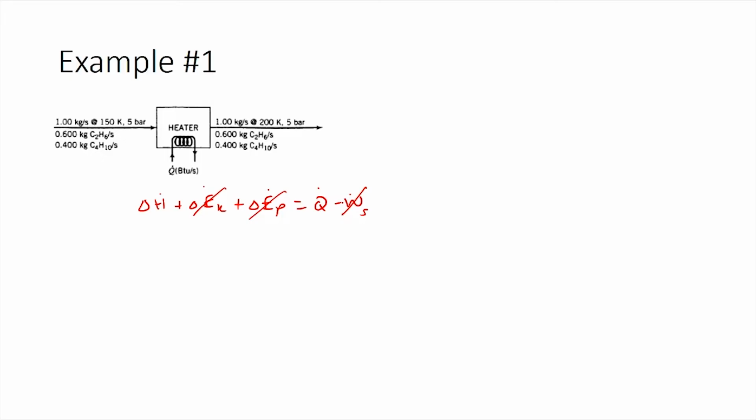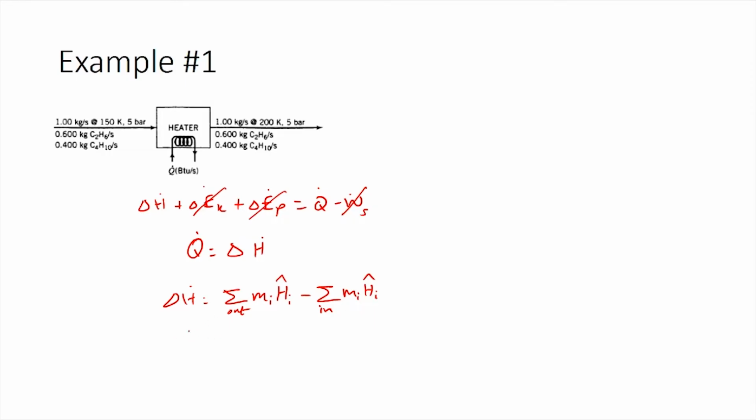This means the equation is simplified as Q dot equals delta H dot. So, the amount of energy which needs to be supplied in the form of heat would be equal to the change in enthalpy which would be seen for the system. So, this delta H dot would be equal to sigma of m_i H_i cap in the outlet minus sigma of m_i H_i cap in the inlet.